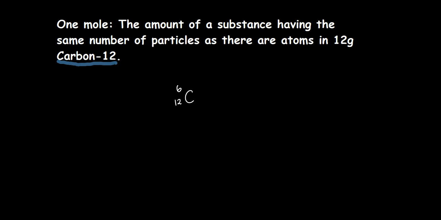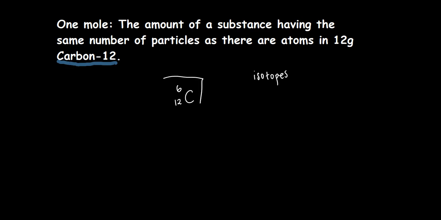Now, specifically, we are being specific that we are talking about carbon 12. This is because there are other carbon atoms. Remember that in grade 10, you learned about what we call isotopes, right? And remember, isotopes are atoms that have the same number of protons but different number of neutrons, which means they have the same atomic number but different mass number.